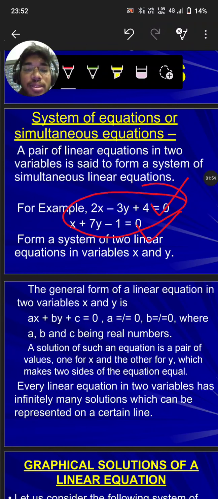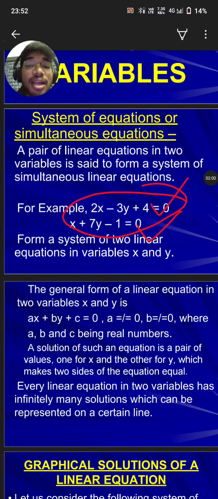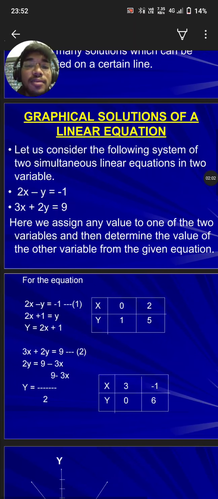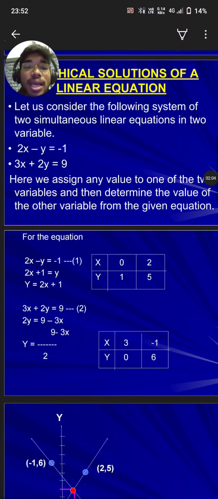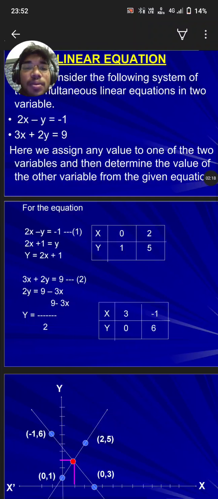Let's see another representation of linear equations, that is the graphical representation. We keep one of the variables as the subject and put some values for the other variable in that particular equation. For example, 2x minus y equals minus 1.